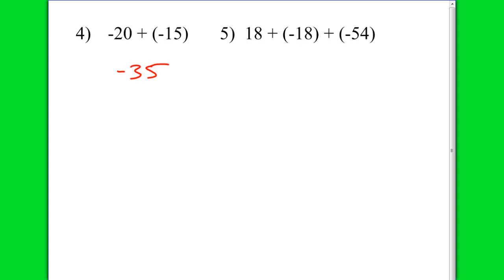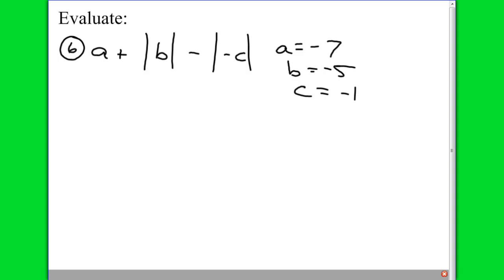Okay, this one is kind of fun because what do you see right there? Opposites. So what property are we using here? Inverse property. We can simply say that becomes 0, and the answer is negative 54. You do not have to use a lot of scratch paper. If you have opposites, they become 0 with addition. Okay? Let's evaluate.